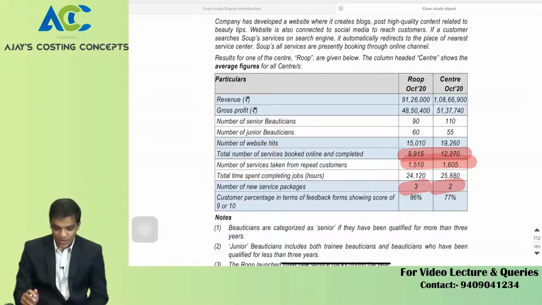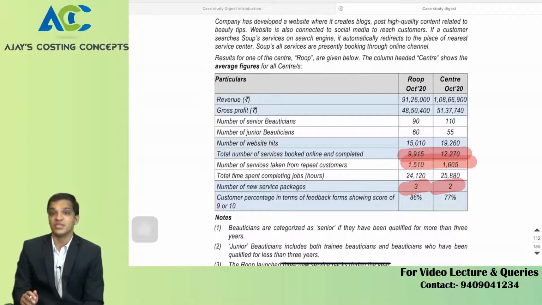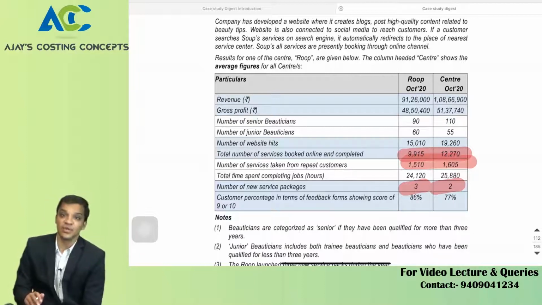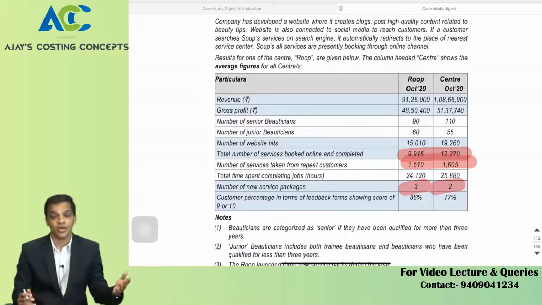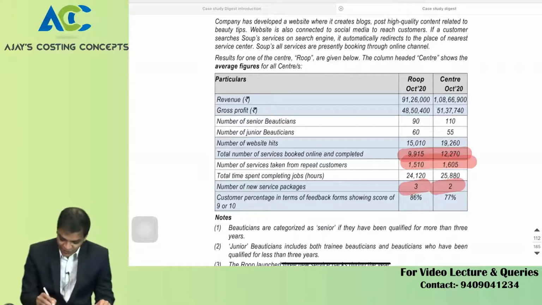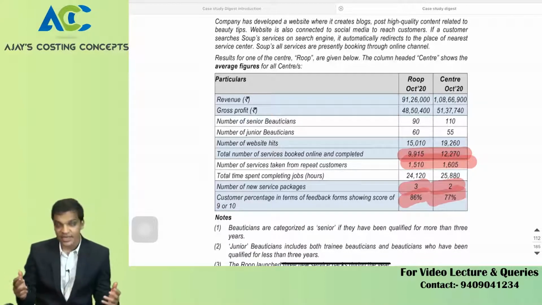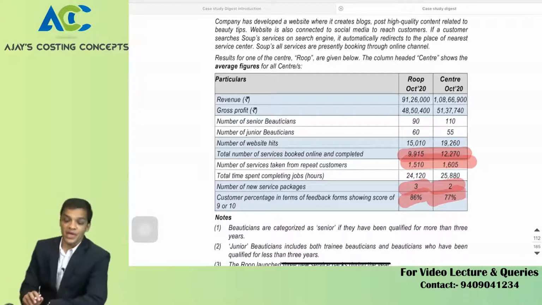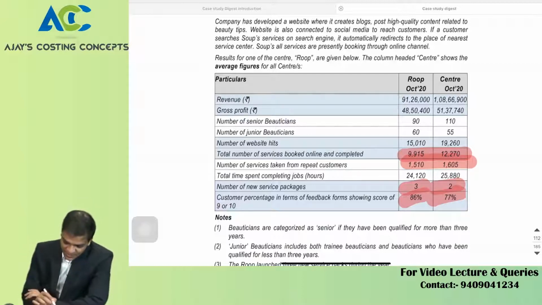If you observe, compared to the average we have more customer satisfaction, the quality is higher, because if the quality is good, the customer would repeat, otherwise the customer would not. Customer percentage in terms of feedback, the feedback is also high, so again that is where we have been doing better. The financial aspect, if you consider the financial aspect, we have 91, and out of that 48 is our profit.